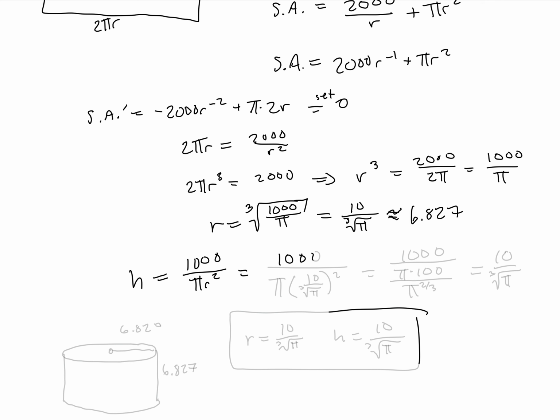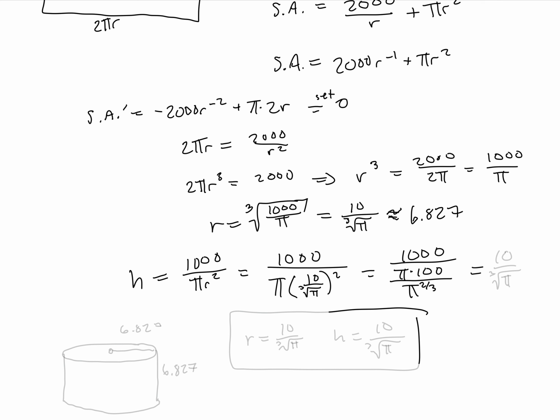So that's 1000 divided by pi times r, which we found to be 10 over the cube root of pi, squared. So that's 1000 over pi times 10 squared, which is 100, over pi cube rooted squared, so pi to the 2/3.